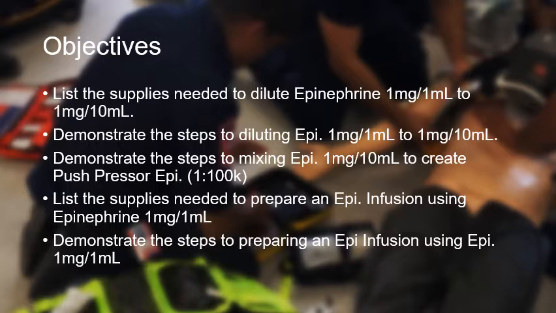You will demonstrate the steps to mixing epinephrine 1 milligram in 10 mLs to create Push Pressor Epi for a concentration of 1 to 100,000. You will be able to list the supplies needed to prepare an epinephrine infusion using epinephrine 1 milligram per 1 ml and demonstrate the steps to preparing an epinephrine infusion using epinephrine 1 milligram per 1 ml.